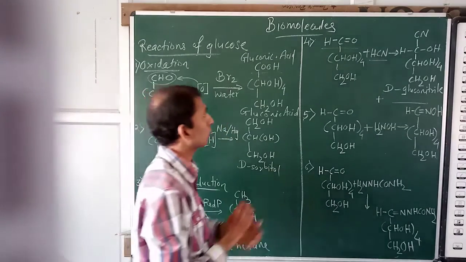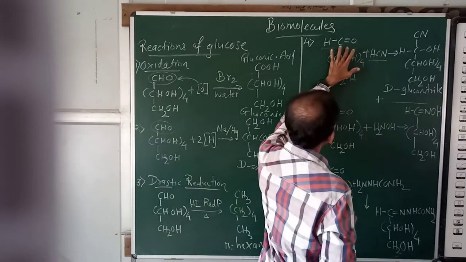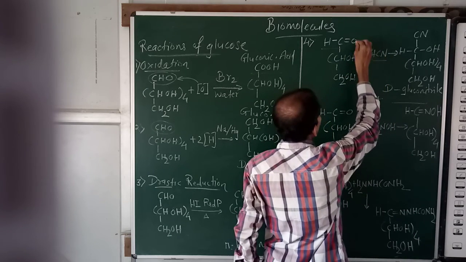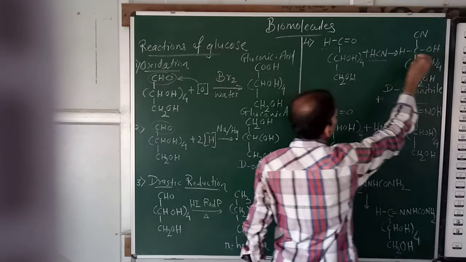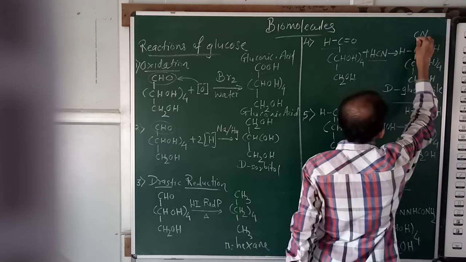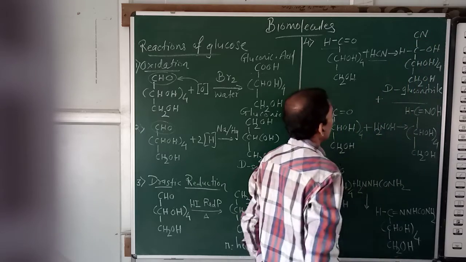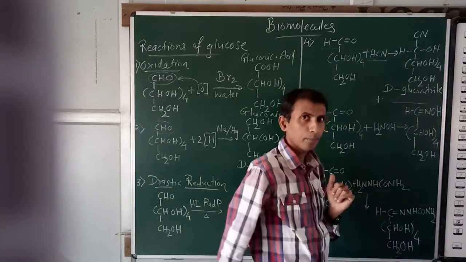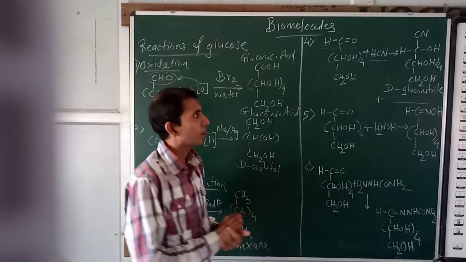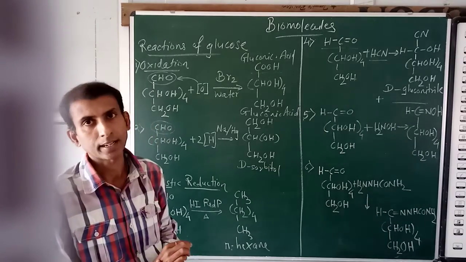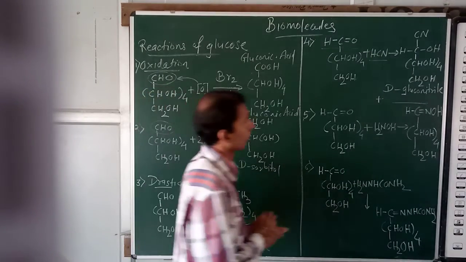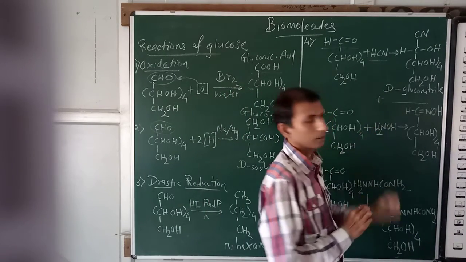HCN gets added to the carbonyl group of the aldehyde functional group: H gets added to O, we get OH, and CN gets added to C. So we get this cyano compound. The remaining part is the same, and the name of this compound is D-gluconitrile.